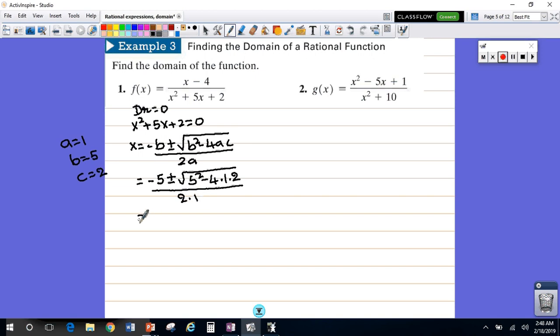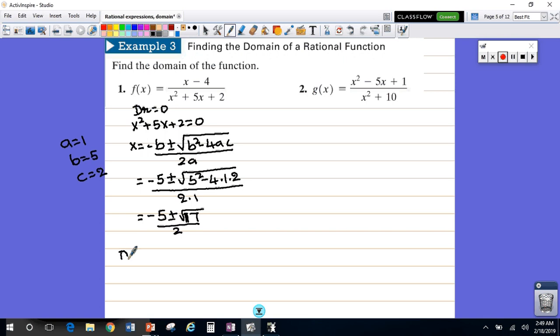Alright. So that is negative 5 plus or minus square root of 25 minus 8. 25 minus 8 gives you 17, right? So square root of 17, divided by 2. You will be getting some value here because this is square root of 17, some real number, right?